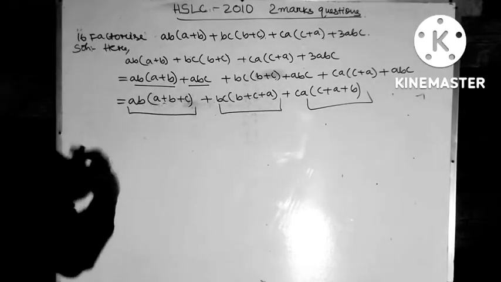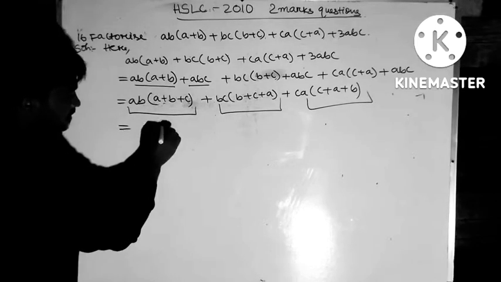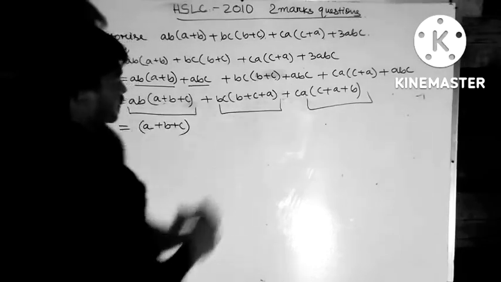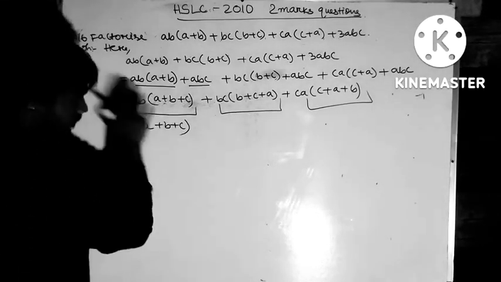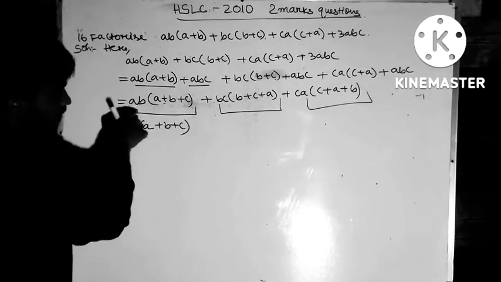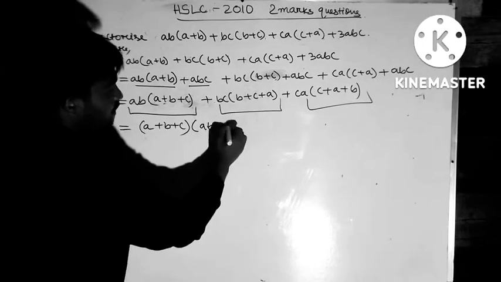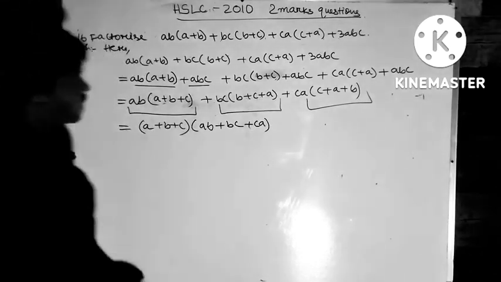So take out A plus B plus C as one common term. After you have taken it out, what is remaining here? AB. Yes or no? What is remaining here? BC, right? And what is remaining here? CA. So this is your answer.